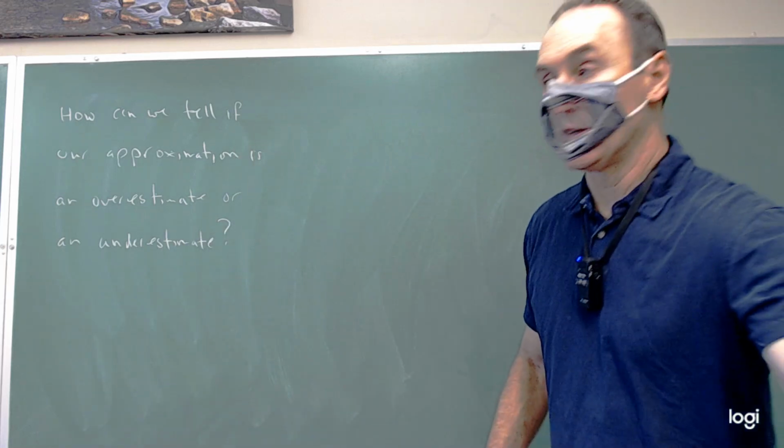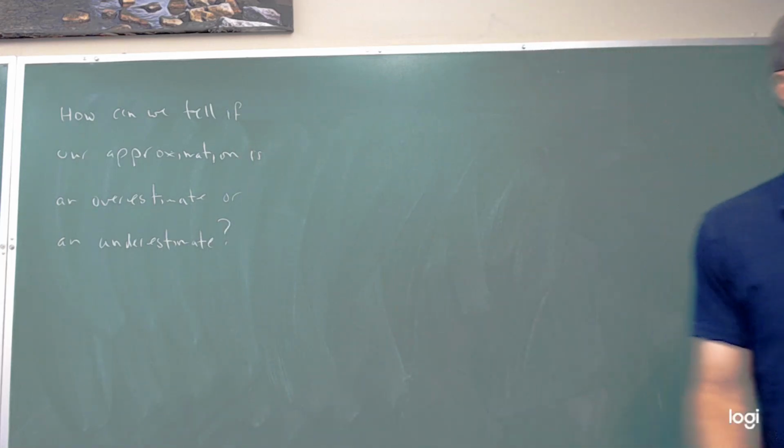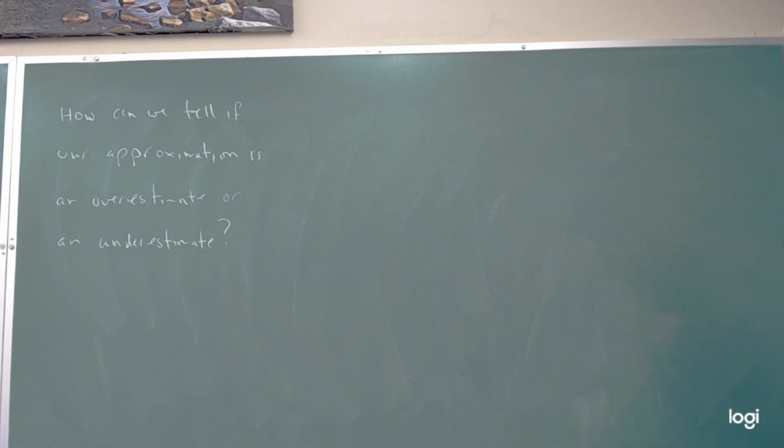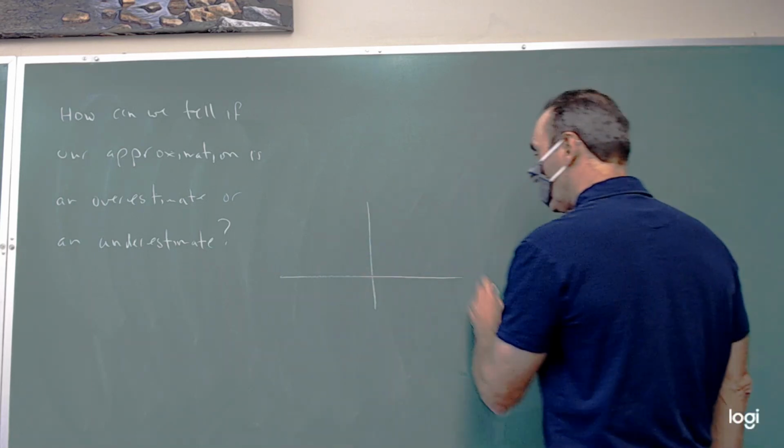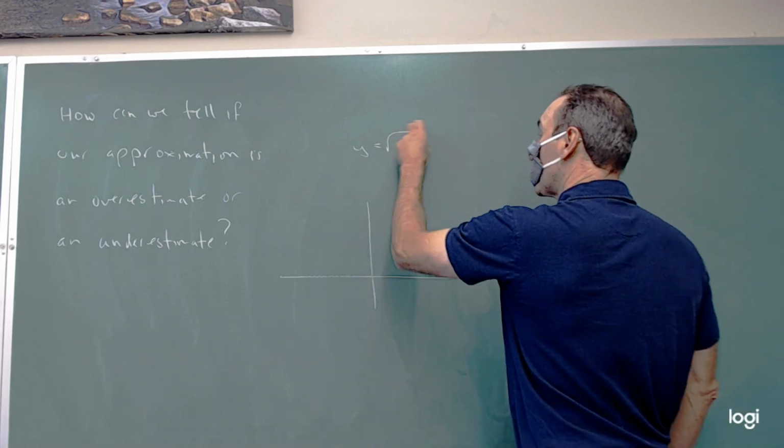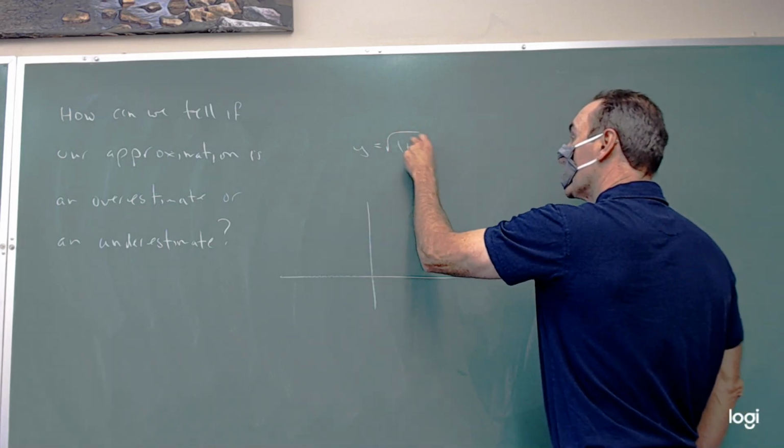Well, we saw, because we threw it on our calculator, that ours was going to be an overestimate. Without that, let's just imagine, we know what the original function was, square root of 1 plus x. We know what that looks like.